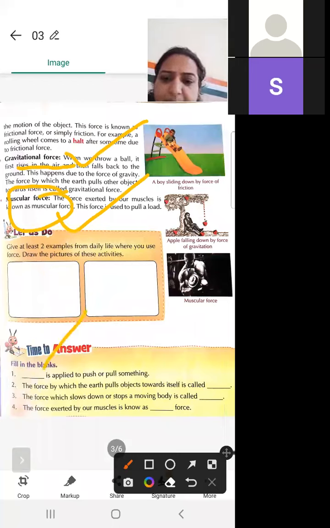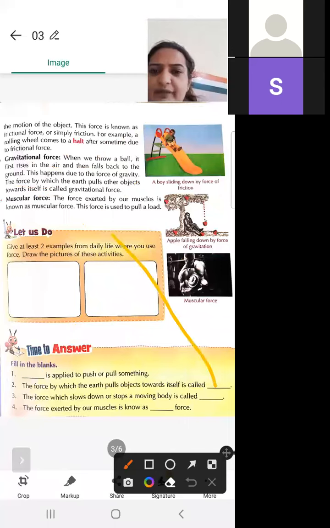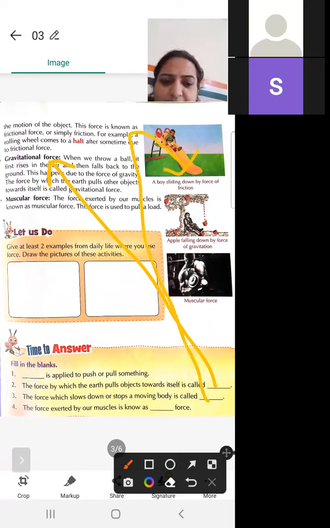A push or pull applied on something is force. The force by which earth pulls objects towards it is due to gravitational force. The force that slows us down is due to frictional force. And force due to muscle is known as muscular force.